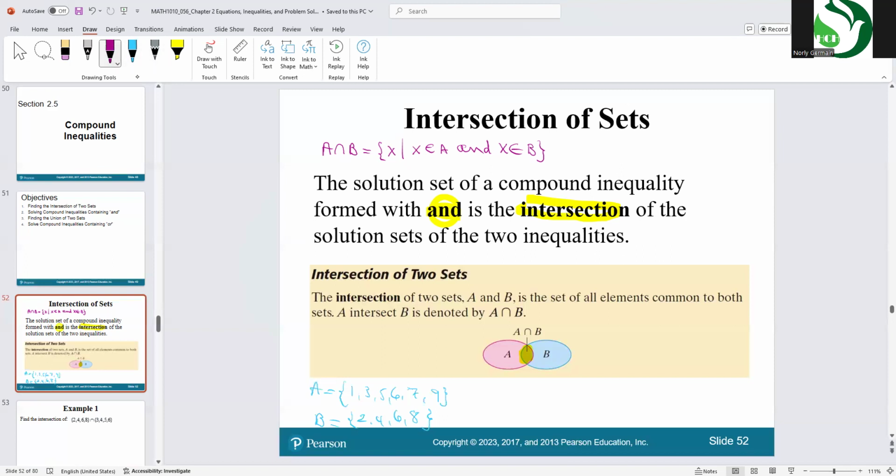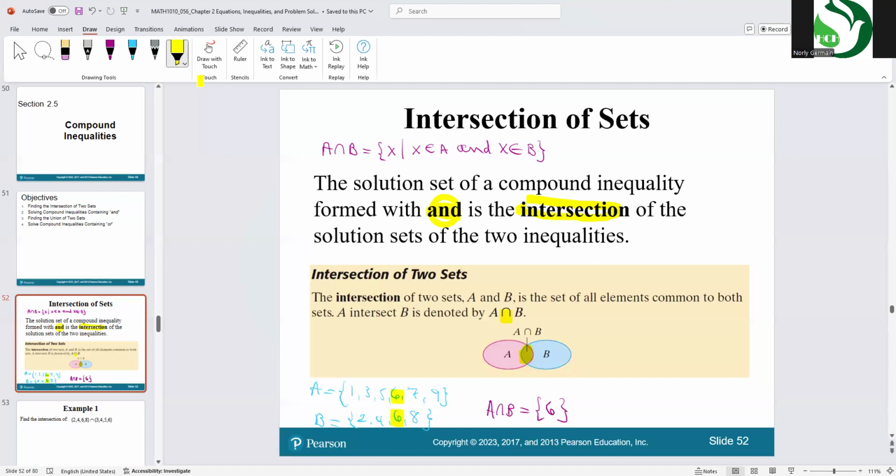That means which elements you see in A that you also see in B. Yes, it's only 6. You see 6 in both sets. So the intersection of two sets A and B is the set of all elements common to both sets. A intersect B is denoted by the symbol you see right there.